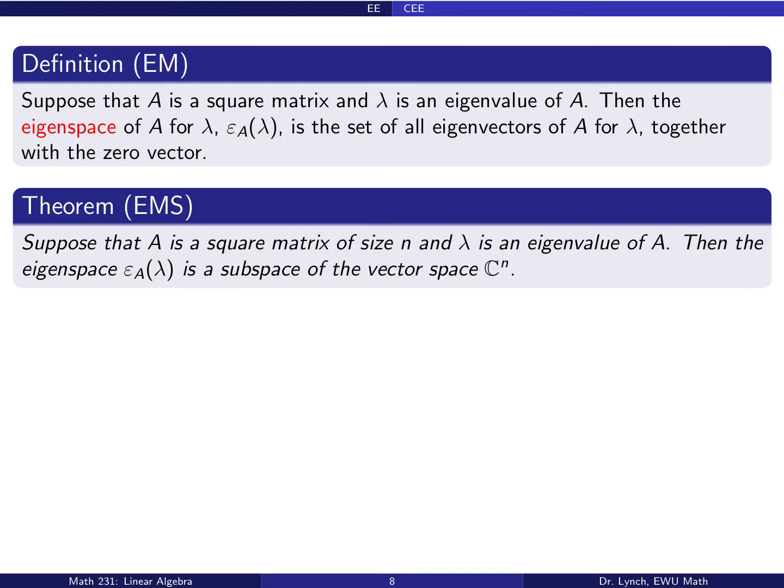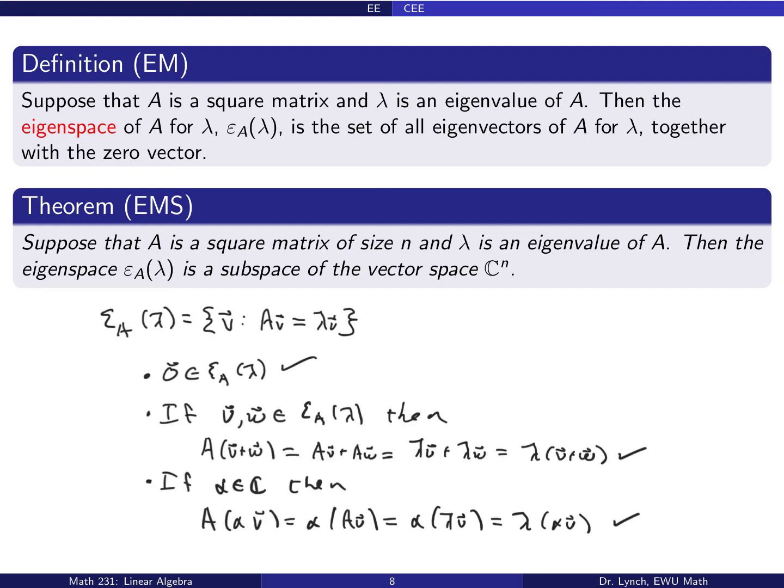Okay, having called this a space, you might not be surprised to hear that epsilon sub A of lambda is a subspace. In order to show that it's a subspace, we'll just show that it's non-empty, closed under vector addition and scalar multiplication. Of course, by definition, the zero vector is an element of the eigenspace, so it's non-empty.